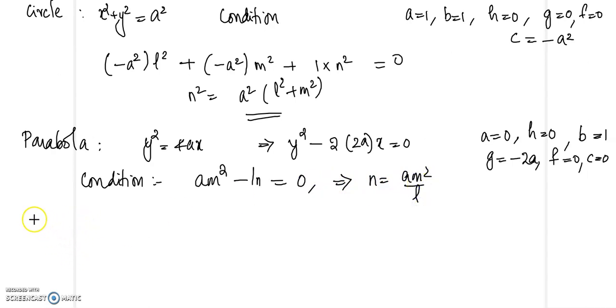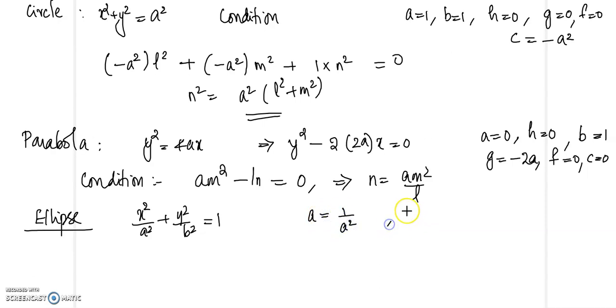And similarly, when you find the condition for ellipse, so you have x square by a square plus y square by b square equal to 1. So here in place of a, you will have 1 by a square, then in place of b you will have 1 by b square, and c will be equal to minus 1.